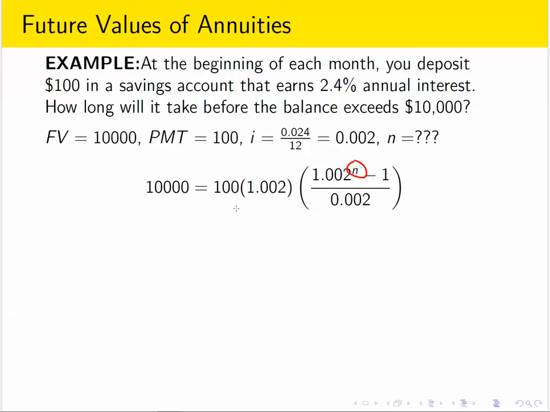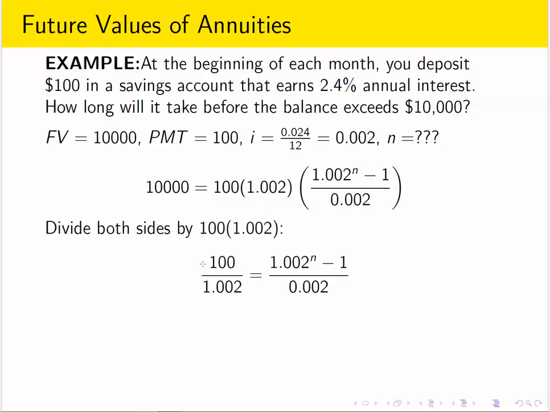So the first thing I will do is divide both sides by this number. So I canceled some zeros. When I divided by 100, I canceled a couple zeros, and that's what gave me 100 in the numerator. And then I'm dividing by 1.002.